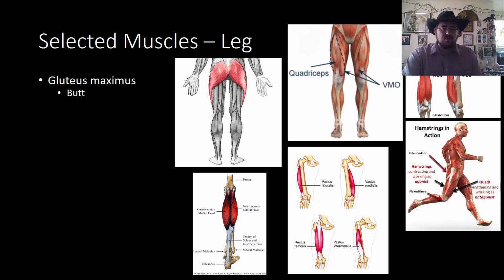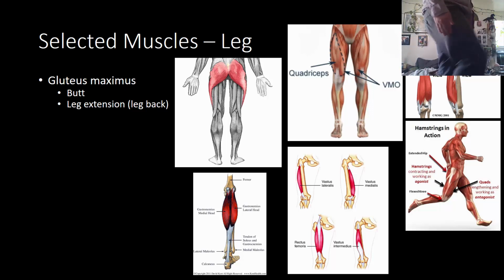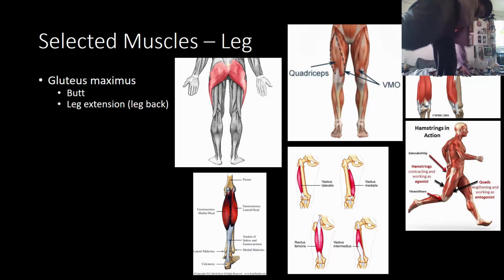So it comes around all the way down. And it helps you move your leg back. So when you are walking, it's not the forward part, it's the back part. That's some glute action.